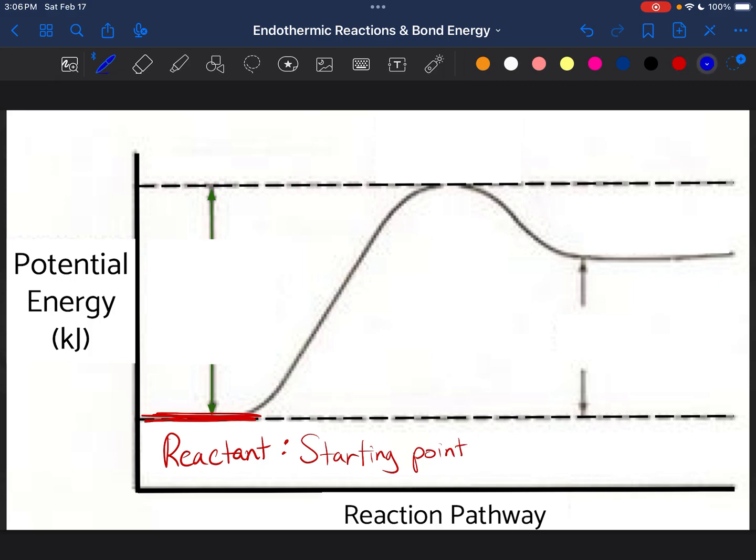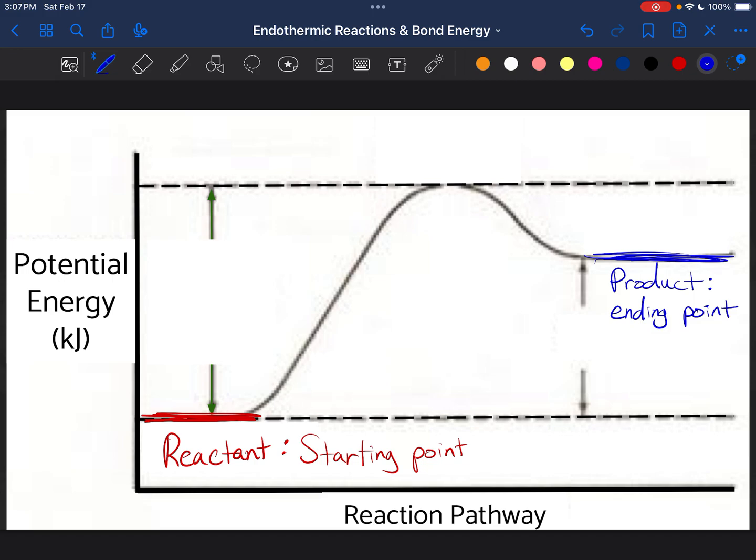And then we have something called the product stage. If there's a starting point, there's an ending point. Now, when you drink a caffeinated drink like coffee, Red Bull, Monster, or whatever energy drink you drink nowadays, what happens to you?